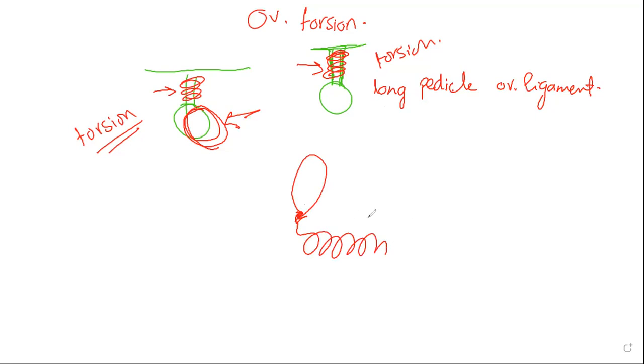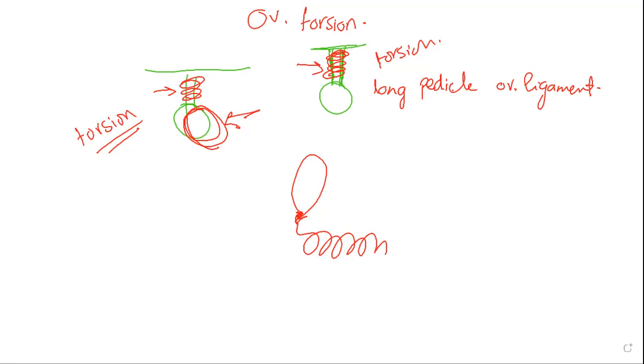When it is too long and turns around itself, the same applies here. So what I want you to know is that torsion can happen without a cyst if it has a long ligament. Let's see how this looks in the ultrasound.